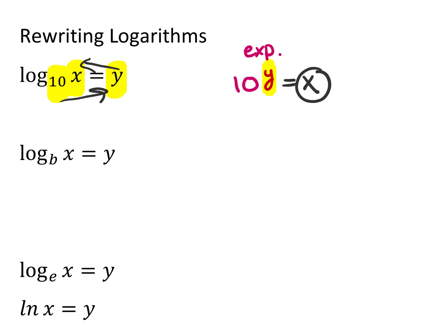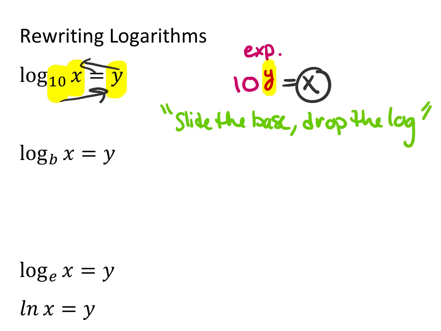A logarithm is used to help solve for an exponent. Another way to remember how to change a logarithm into an exponential is this phrase: slide the base, drop the log. Let me show you that.